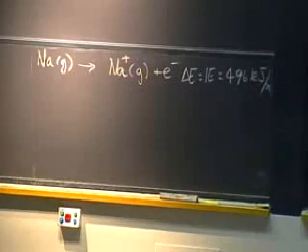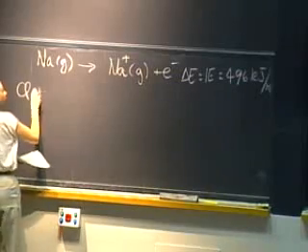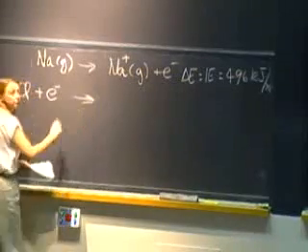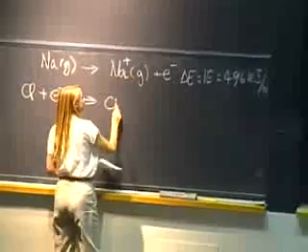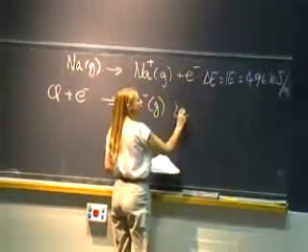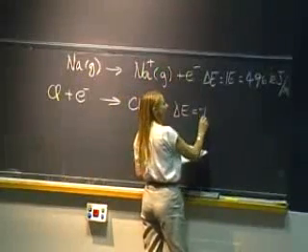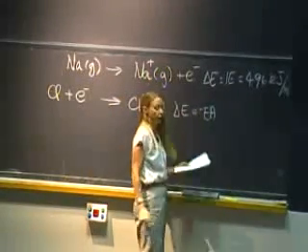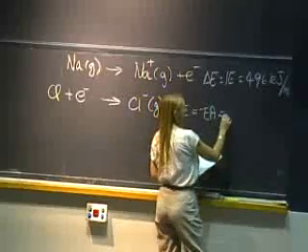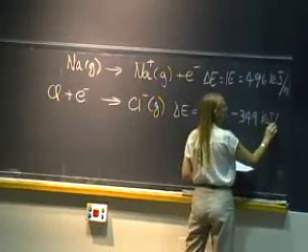But at the same time, that electron is being caught by the chlorine. And when a chlorine and an electron recombine to form the Cl- gas phase, there's an energy release. As we saw, that energy release is minus the electron affinity of chlorine. That's equal to minus 349 kilojoules per mole.